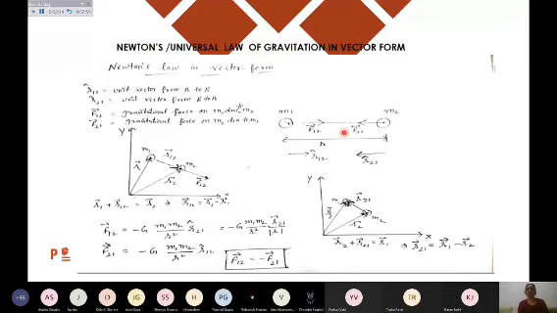Magnitudes we are going to prove that they come out equal. Magnitude of F12 and F21, they are equal, but the directions are opposite, because by Newton's law of gravitation, this force is directly proportional to the product of the masses and inversely proportional to the square of the distance between them. Now our aim is to study it in the vector form.